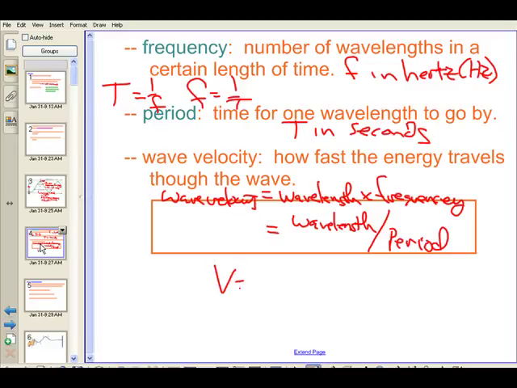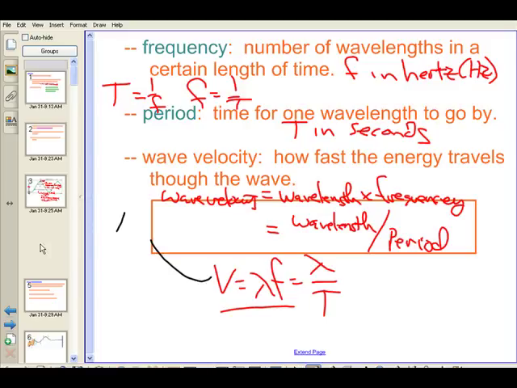So symbolically, v equals lambda f, or lambda over the period. Most of the time you're going to see lambda f, wavelength times frequency. Now when you're solving these kinds of problems, velocity is treated as a constant.